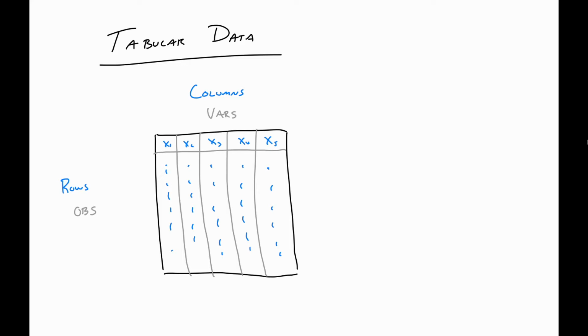So one important thing that we're going to want to keep in mind is the type of data that each variable is. Broadly speaking, in this class, every variable is going to fall into one of two categories. It'll either be numeric or categorical.